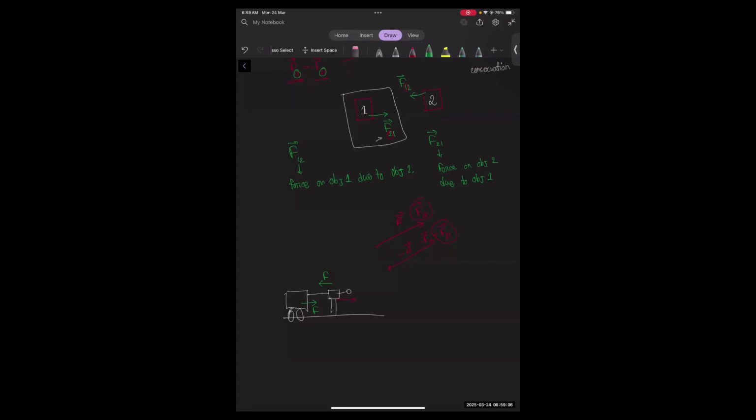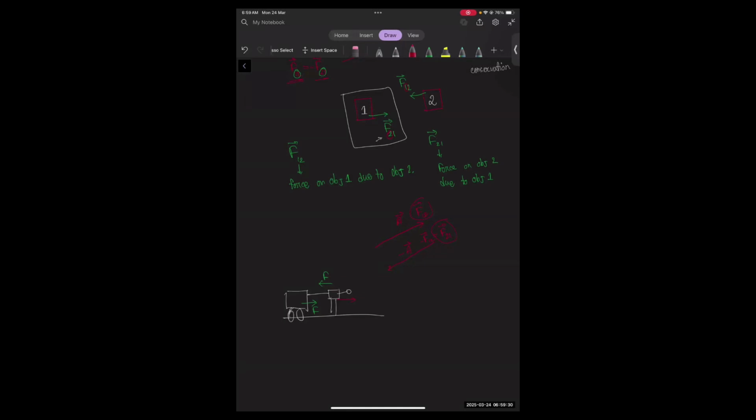Now, how can the horse move the car then? Because with the force the horse pulls, the car also pulls the horse back with the same force. So can the horse move the car? Well, obviously from real life reasoning, we see that a horse can move a car. But then this suggests that it cannot. So there has to be something wrong here.